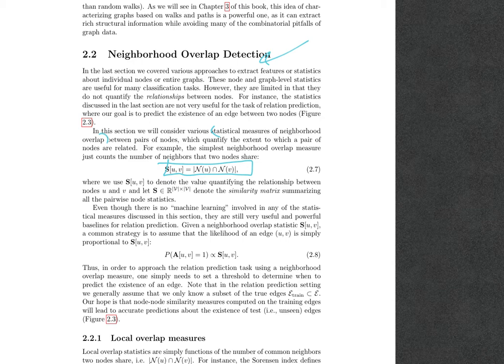One measure is the number of neighbors that the two nodes share, or S of U and V. Using this, you can have some non-normalized intensity values that form a similarity matrix. A common strategy is to assume that two nodes are connected or related when they have a good number of shared neighbors.